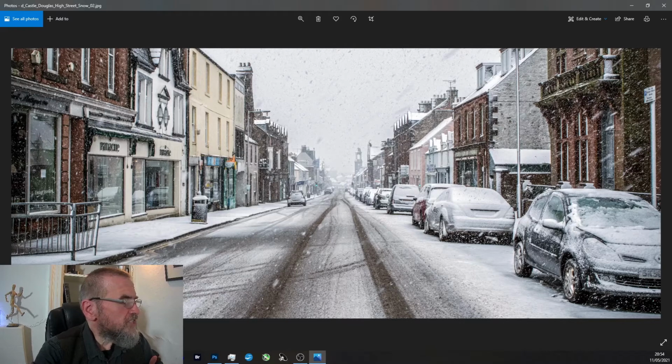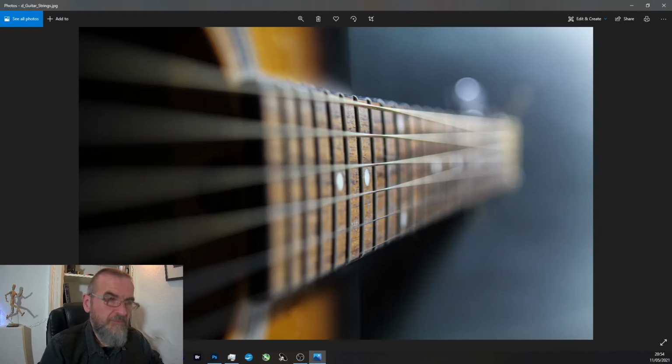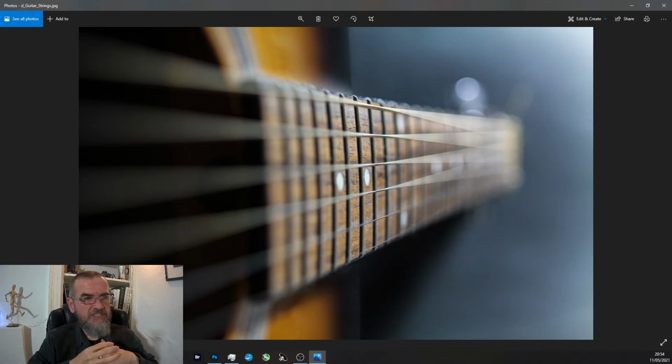Another version of this, guitar strings. With this, again, the neck is getting smaller as it's going down. But what we've also introduced into this is using the notion of depth of focus with your camera as well.